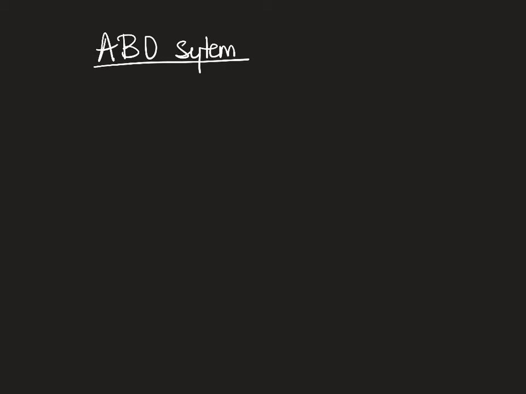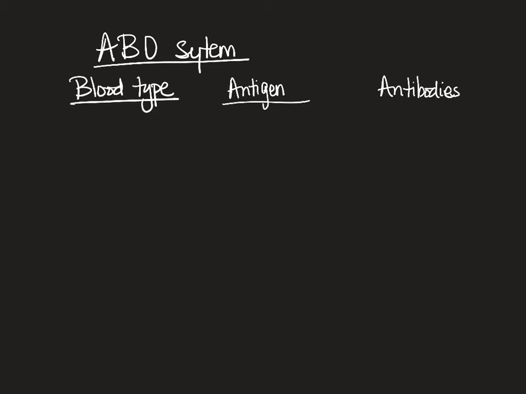We're going to talk about the type of blood a person can have, what antigens we're going to find on their red blood cells, and then what antibodies their body is going to make in the plasma or the serum of their blood. So something you're going to notice is, for a lot of these, the blood type is going to match the antigen found on the red blood cell. There is one exception, and we'll talk about that.